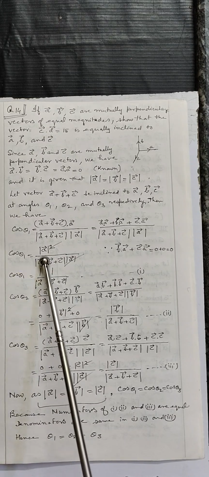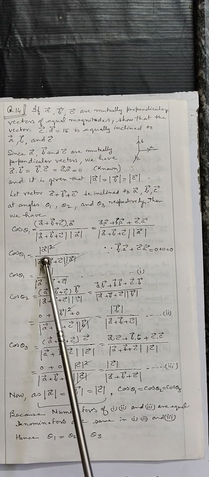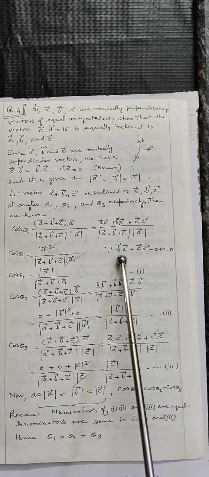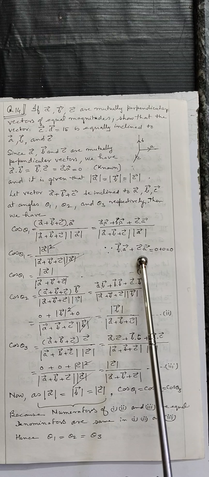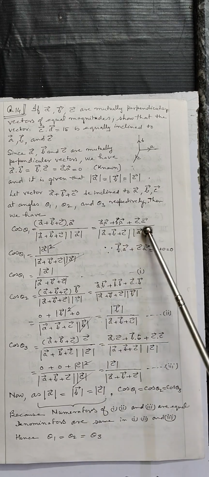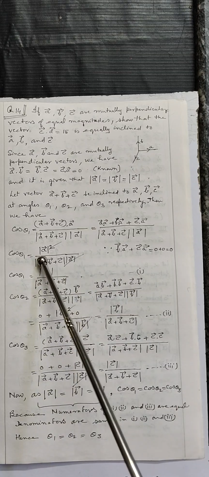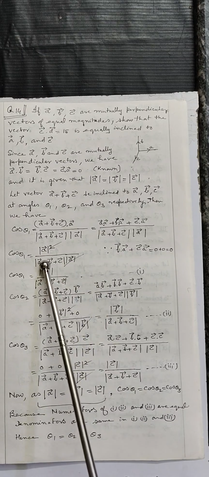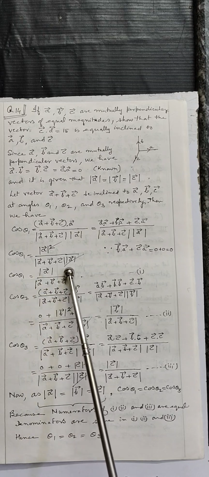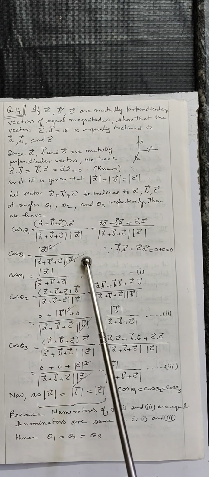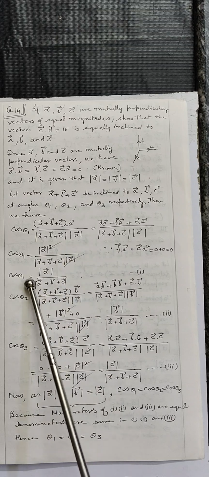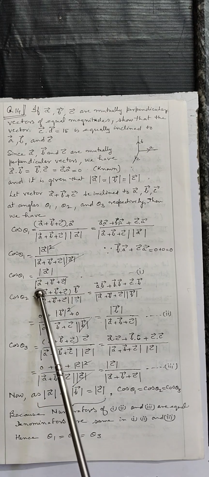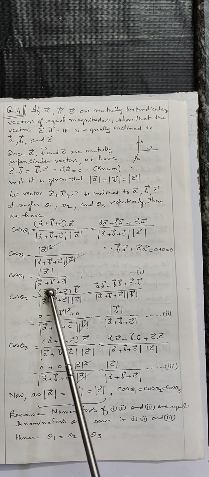So cos theta 1 will be equal to magnitude of the vector A का होल स्क्वायर डिवाइडेड बाय दिस. और साथ ही साथ वेक्टर B डॉट A एंड वेक्टर C डॉट A विल बी इक्वल टू 0 प्लस 0. यहाँ पर 0 प्लस 0 कर दिया और इसको हमने A स्क्वायर ले लिया. देखिए मैग्नीट्यूड ऑफ A का होल स्क्वायर कर दिया क्योंकि वेक्टर A डॉट वेक्टर A है उसको हम ऐसे लिख दिया. अभी यहाँ पर डिनोमिनेटर में मैग्नीट्यूड ऑफ द वेक्टर है, इसका मैग्नीट्यूड वाला कैंसिल किया, इसका स्क्वायर कैंसिल कर दिया. सो वी आर लेफ्ट विथ cos थीटा 1 विल बी इक्वल टू द मैग्नीट्यूड ऑफ द वेक्टर ए होल डिवाइडेड बाय द मैग्नीट्यूड ऑफ द समेशन ऑफ द थ्री वेक्टर्स दैट इज ए प्लस बी प्लस सी.